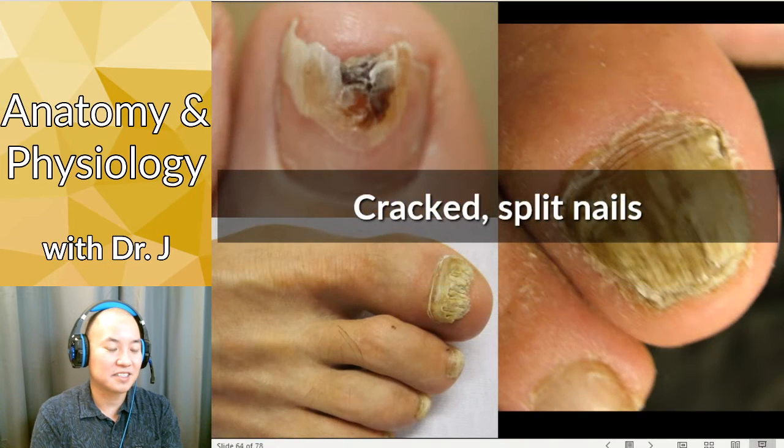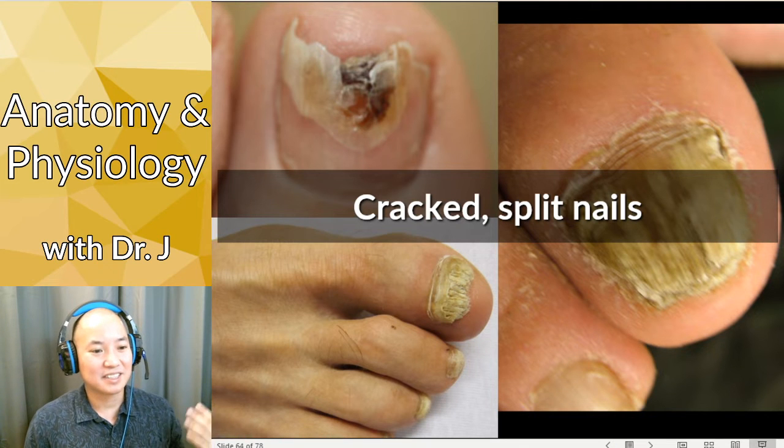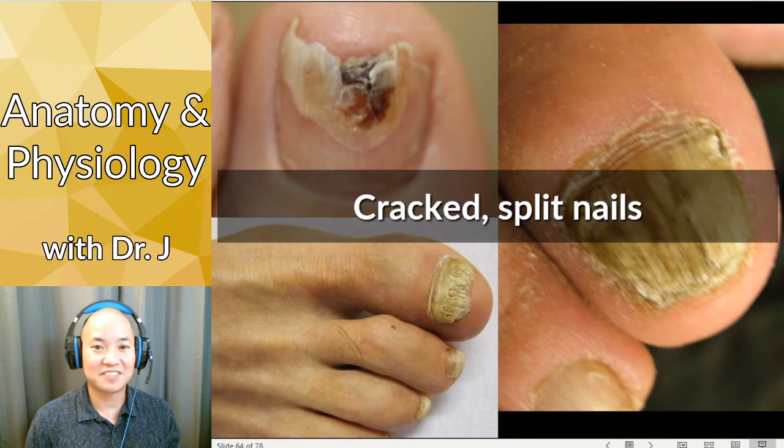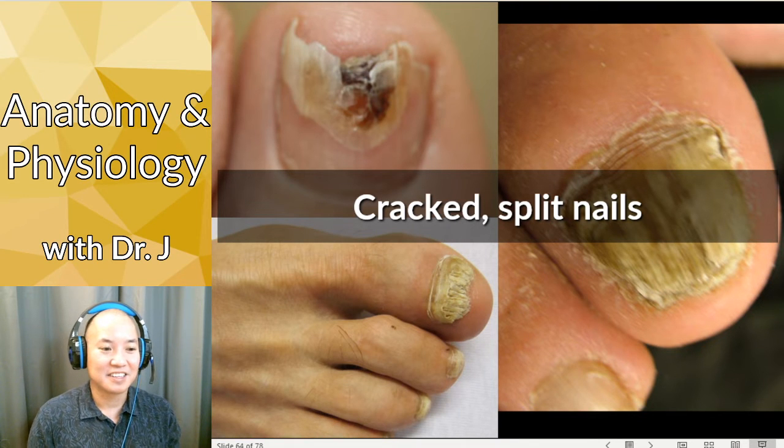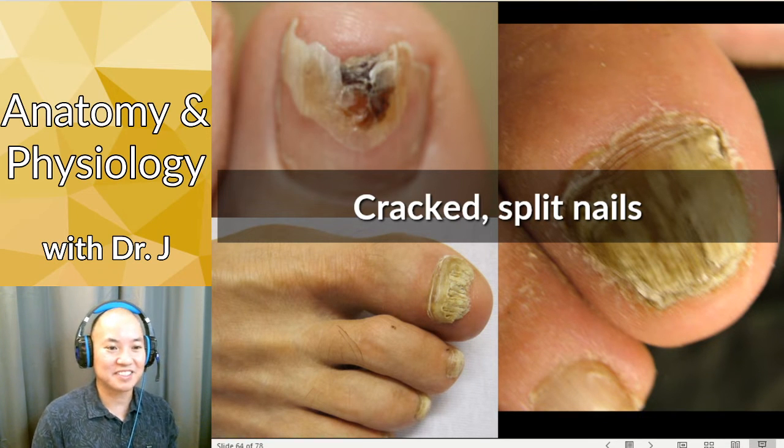All right, let's look at these nails right here. Oh boy, these look unhealthy. I just Googled fungal infections of nails. Remember that your nails are made out of cells that accumulate keratin. Some species of fungi like that keratin and love growing on the nails and eating all the nutrients and proteins that your nails have.